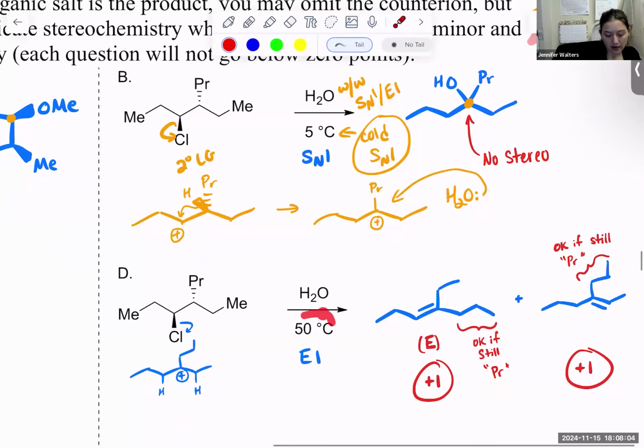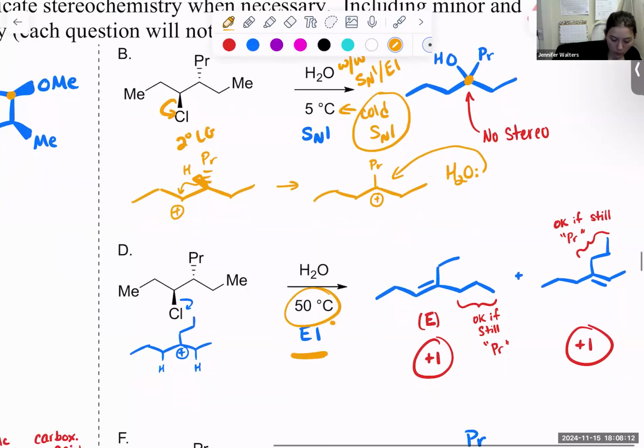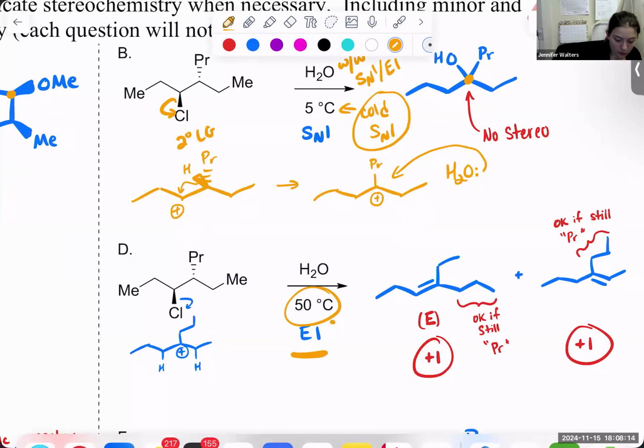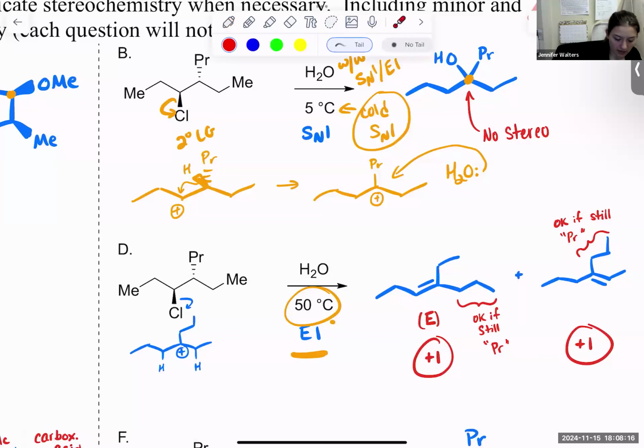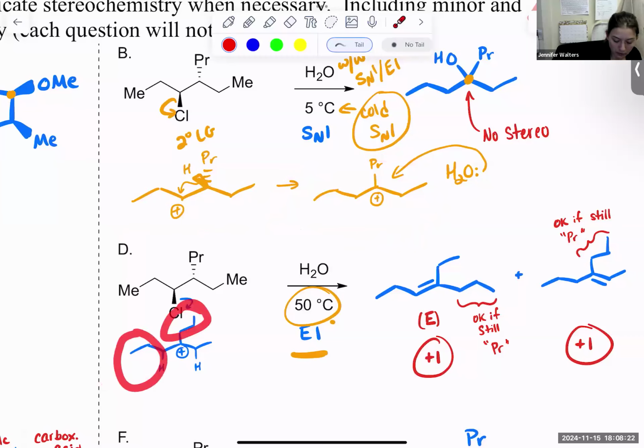If I'd had it be hot, so same consideration of SN1 or E1, but then I get down to heat. Heat told me E1. So E1, I get again to that rearranged, I make my secondary carbocation, it rearranges to make my tertiary. Now, these are both propyls, so they're the same, whether you look at the left or the right. But I'm looking at the fact that I have these two CH2s. These are equivalent.